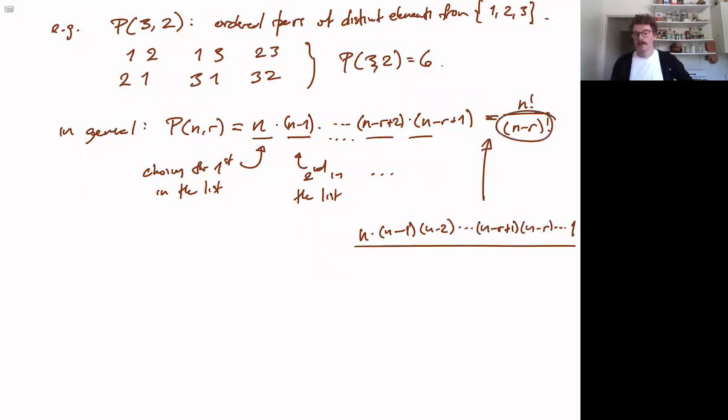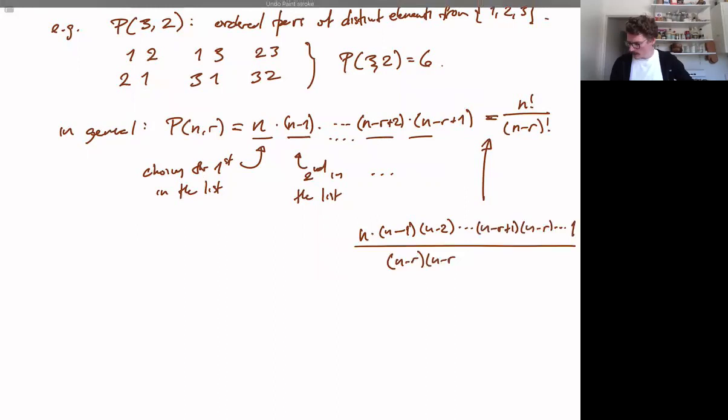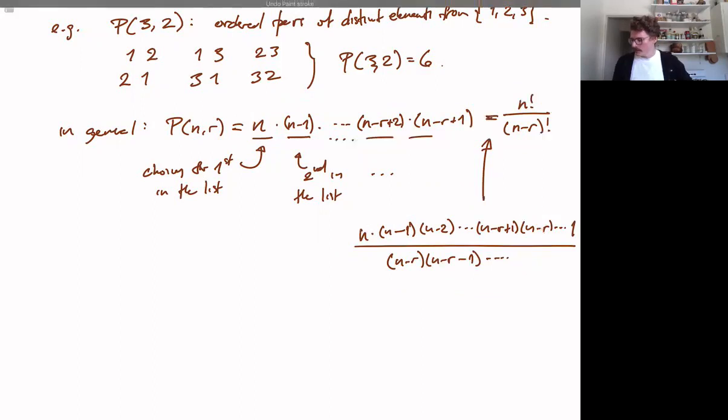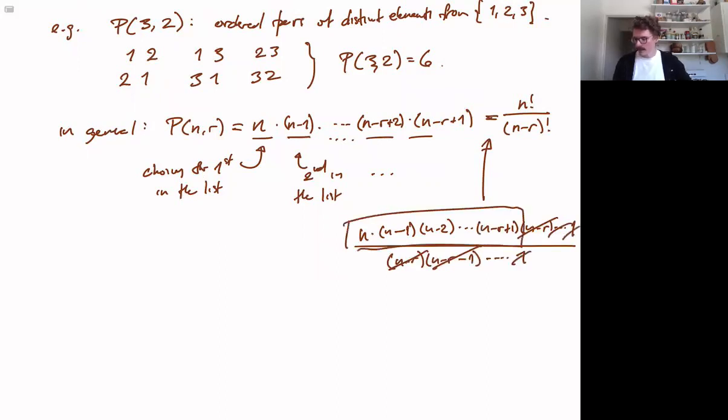Okay, and the bottom is (n minus r) factorial. And the reason this formula gives us the correct formula that we just worked out is just that all of these things cancel all of these things. And we are left with exactly what we wrote up here. Good.